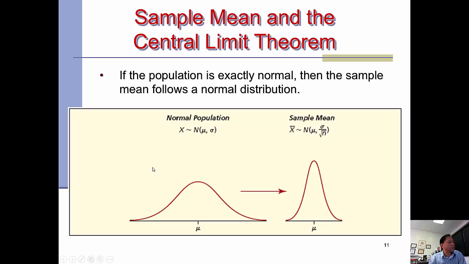Basically, this is the concept here. This is a normal distribution with mu and sigma. Mu is the mean, sigma is the standard deviation. If you take a sample from the population, this is what we have. For the sample, the mean is still mu, the population mean, but the sample standard deviation is going to be sigma divided by the square root of n.